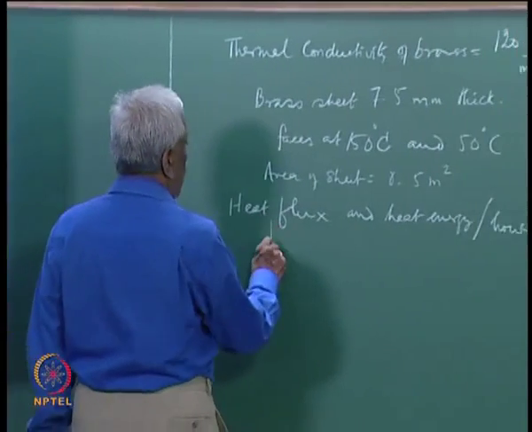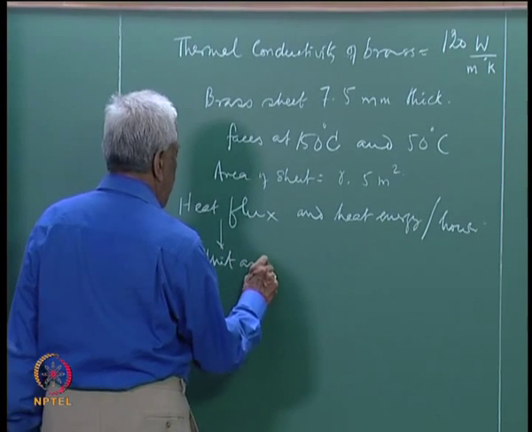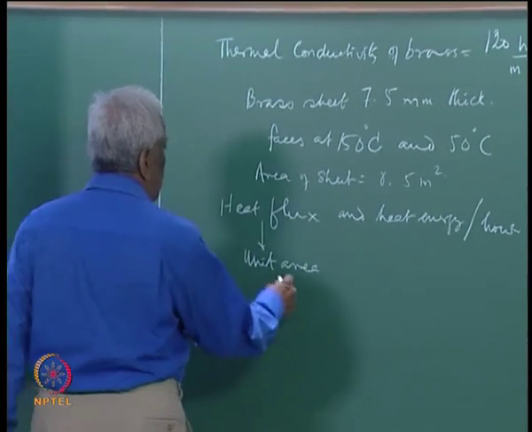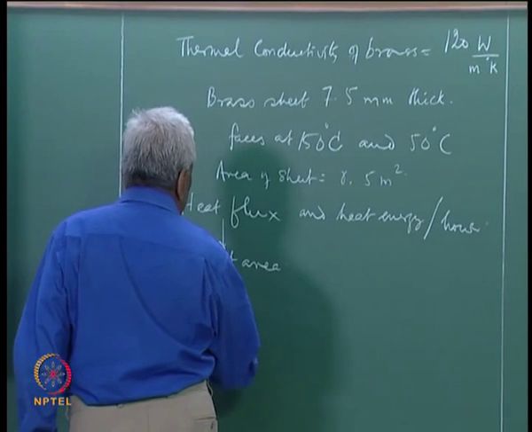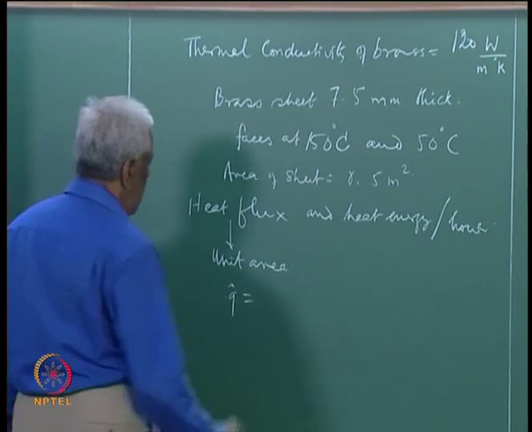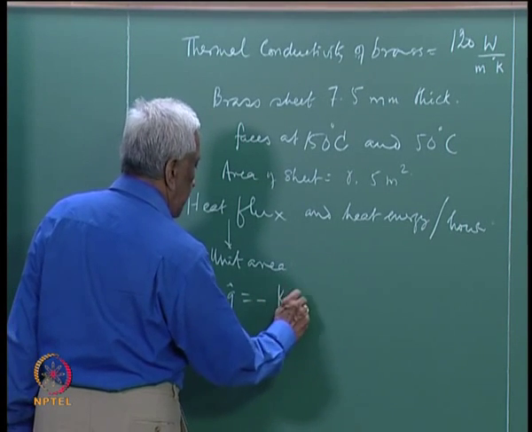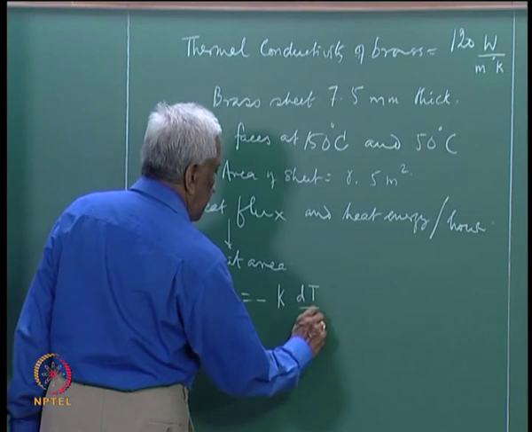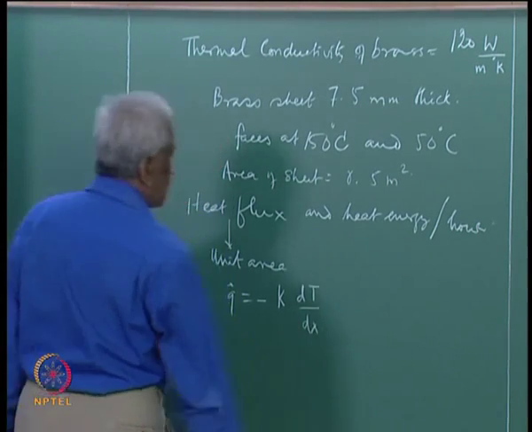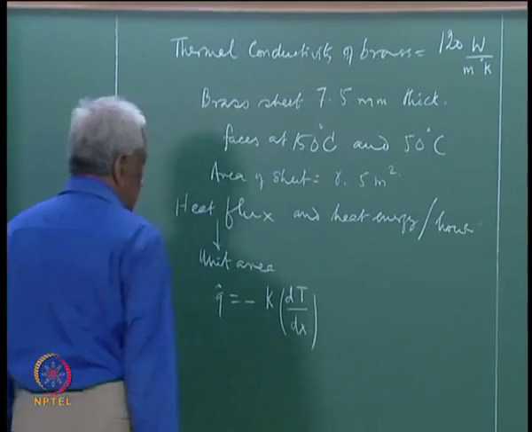Heat flux is defined with respect to unit area. So, it is given by Q dot is minus K dT by dx, where this is the temperature gradient.